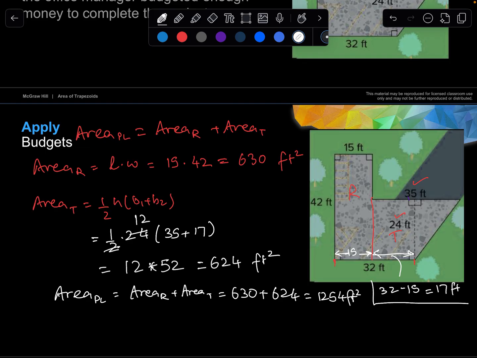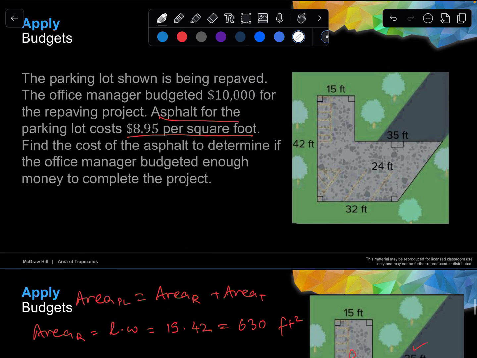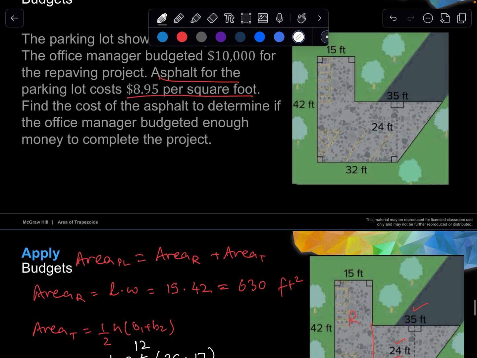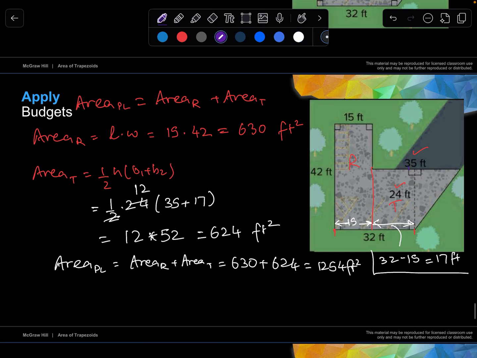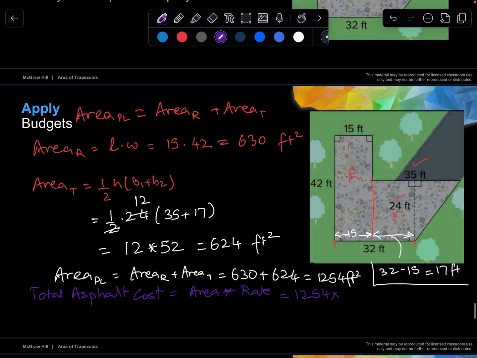Now, can I stop here? No, I can't stop here because what I need is to find out how much it costs. Right? So I'm going to go back here. My total asphalt cost equals area times rate, which is equal to 1254 times 8.95.